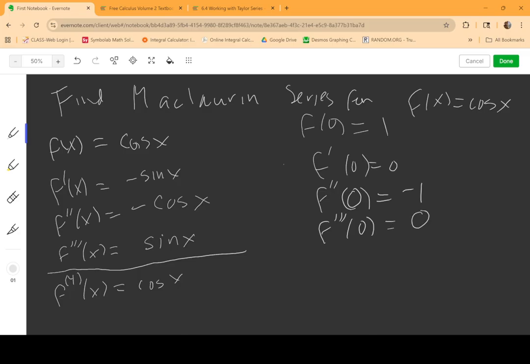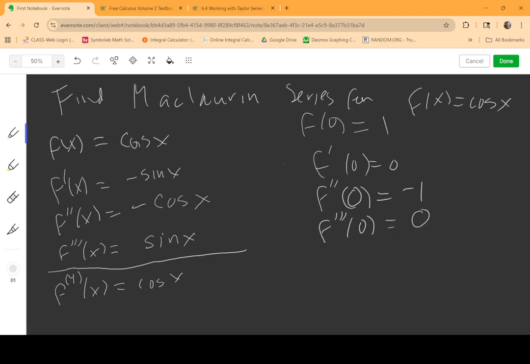And if we keep going around, the fourth one is 1, and then we won't get another nonzero value until the sixth derivative, which is negative 1. So it looks like we have an alternating series, where all the even numbers are the only powers that show up: 0, 2, 4, 6, etc.